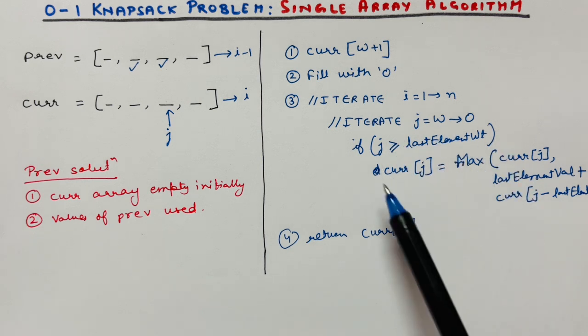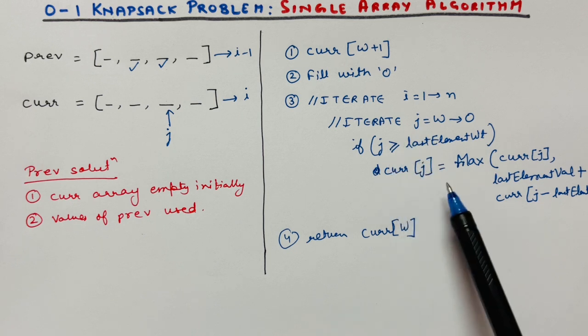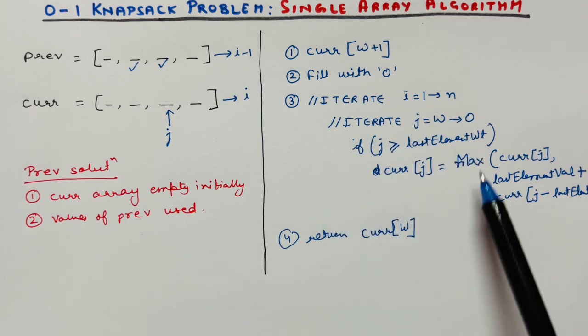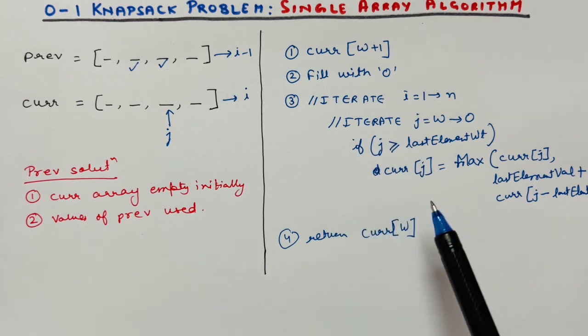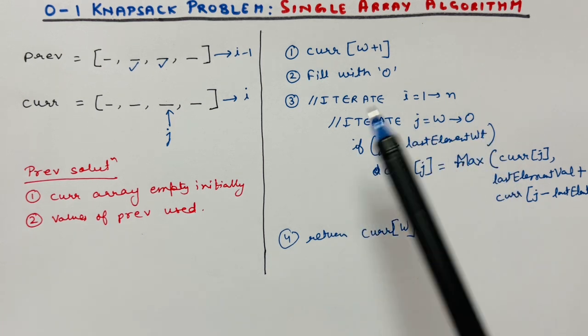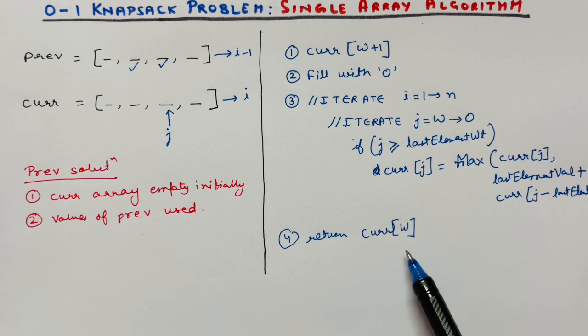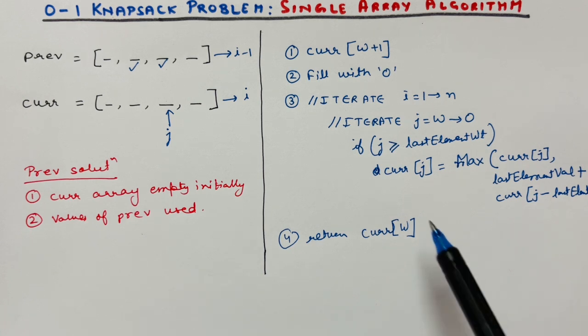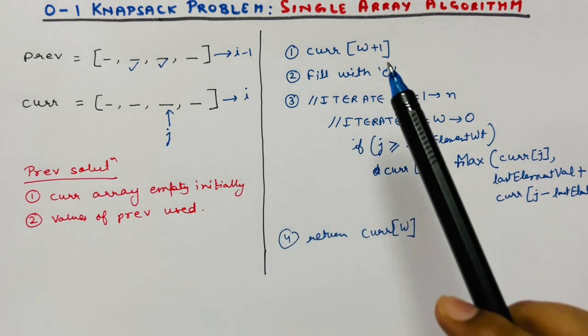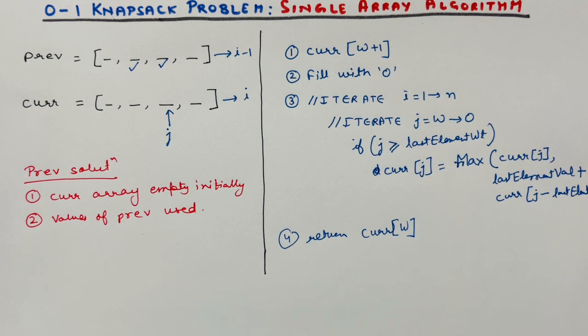And in this manner, we can fill current j for every j. And in this manner, we can fill the current row and we can update it for every i. So finally, when we are done with all the iterations, its last element would correspond to our answer. So this is the algorithm that solves the knapsack problem in just one single array.